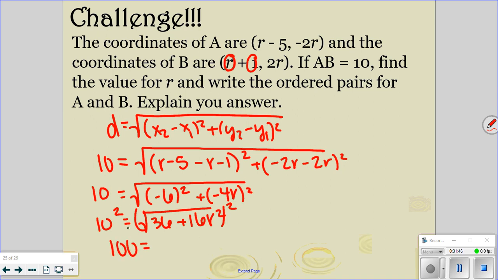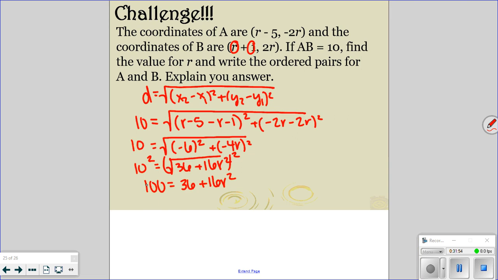And the square root of all of this squared is just going to be what's in the radical, so 36 plus 16r squared. And then you're going to do 100 minus 36, which is 64. So 64 is going to equal 16r squared. And then if you divide by 16, you get that r squared is 4.